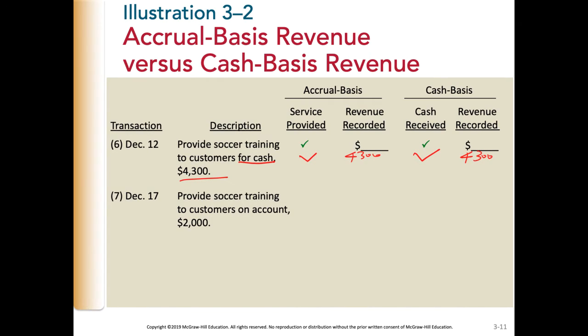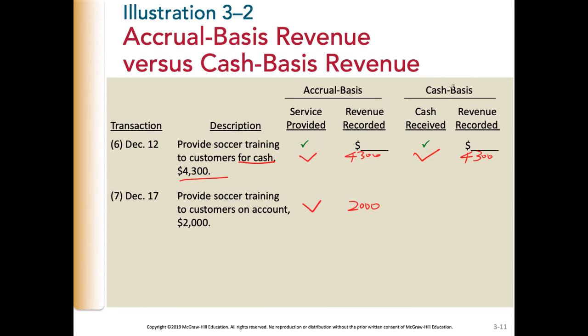Second, December 17th, providing soccer training to a customer on account. Is the training service provided? It says it's providing soccer training to the customer, so yes, it's provided. Shall we recognize revenue? Yes. As long as we're providing services, we should recognize revenue.